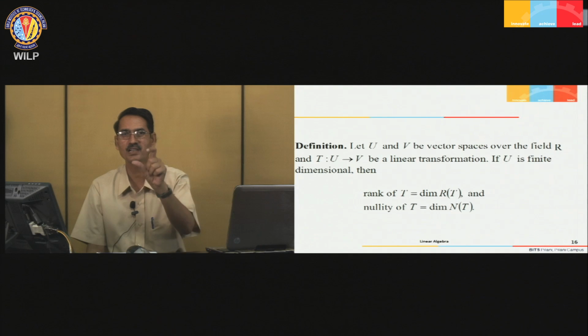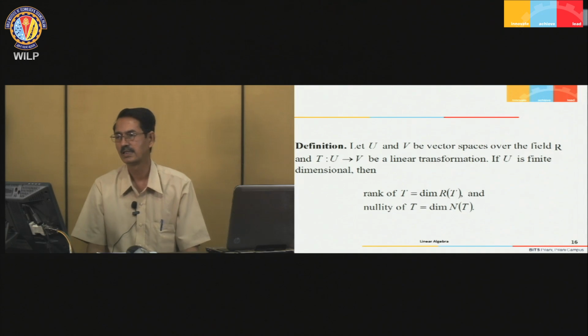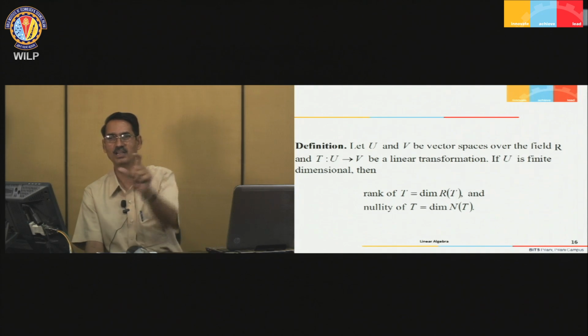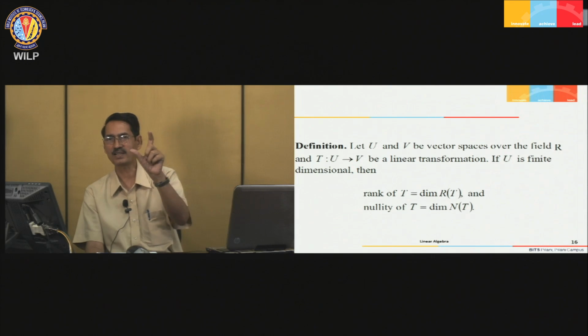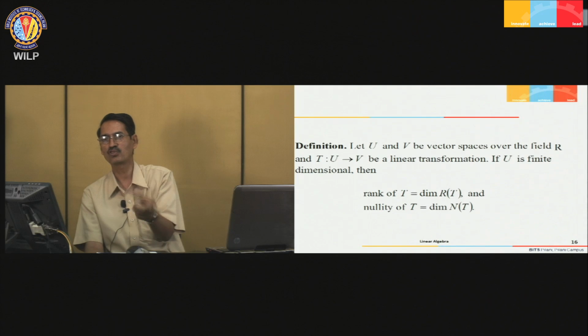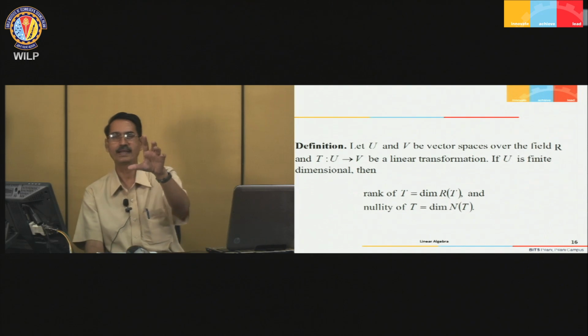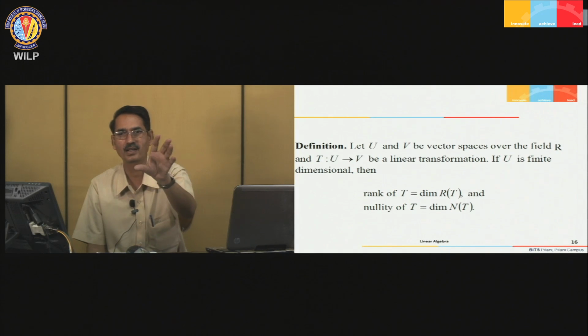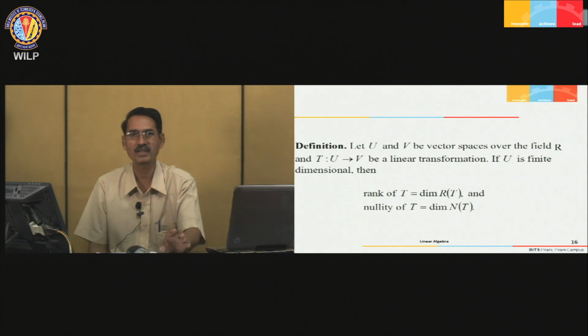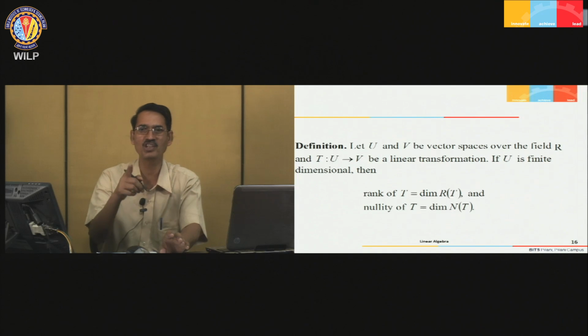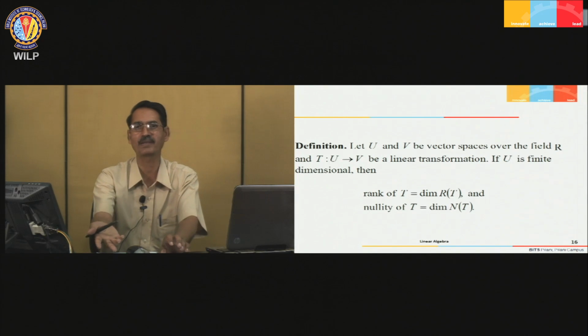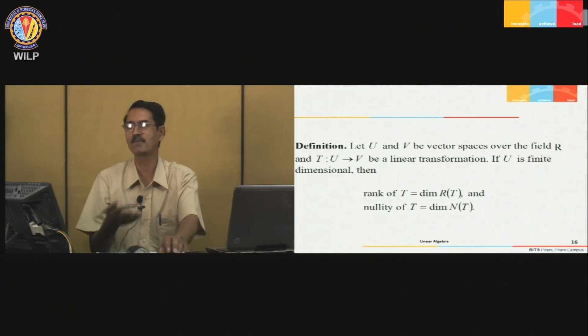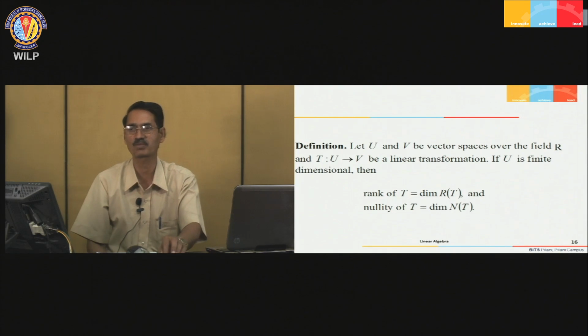If you want to see what is the nullity of the linear transformation, then first find the null space of the linear transformation, and find its dimension. To find the dimension of the null space of T, again you find a basis for the null space of T. When you have decided a basis for the null space of T, then you see what is the number of elements, and that number of elements will give you the dimension of the null space of T, and that dimension is called the nullity of the linear transformation.